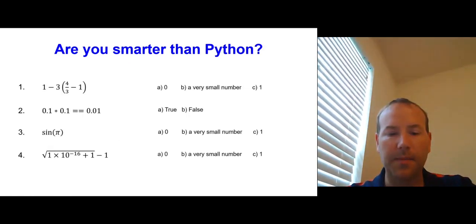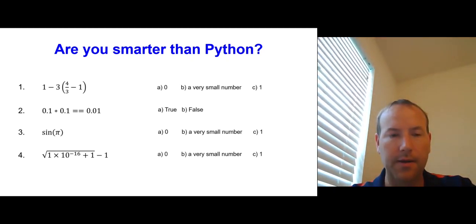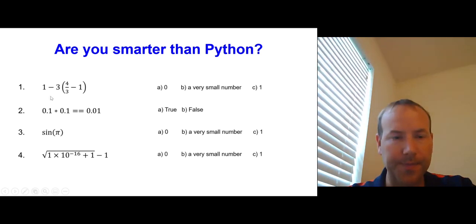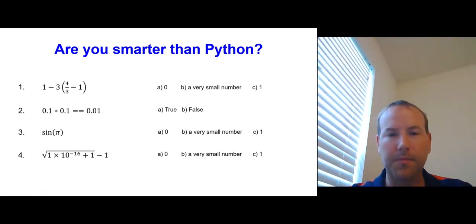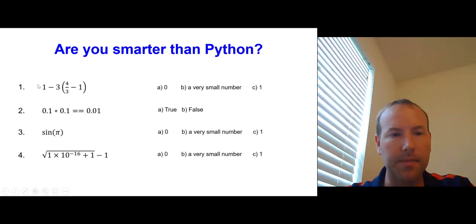So first, to get an idea of why we would care about binary numbers and the way that the numbers are stored in the computer, let's think about a few simple games that we might play, guessing what would happen in a given computation. For example, if we have 1 minus 3 times (4/3 minus 1), you'd typically think that would be 0, right?